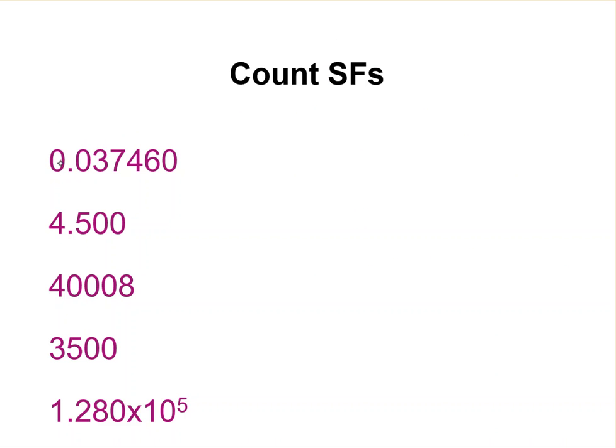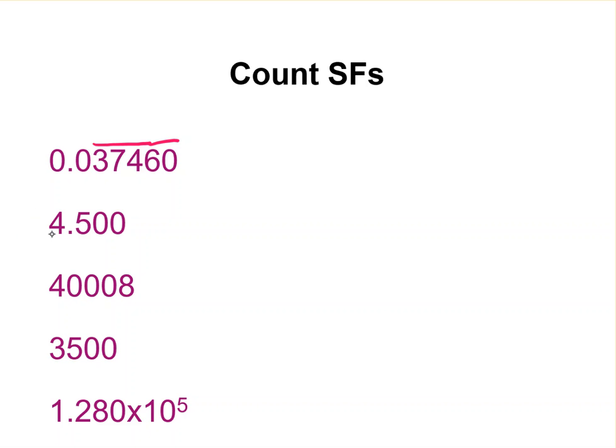So this one has leading zeros, those don't count. These are my non-zero, non-zero always count. And then the last rule, ending zero with the decimal place shown, it does count. Okay, so those are the significant figures there.